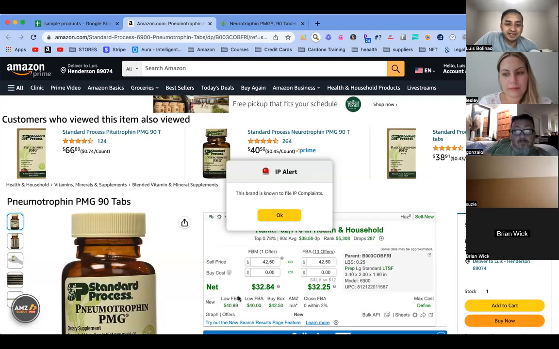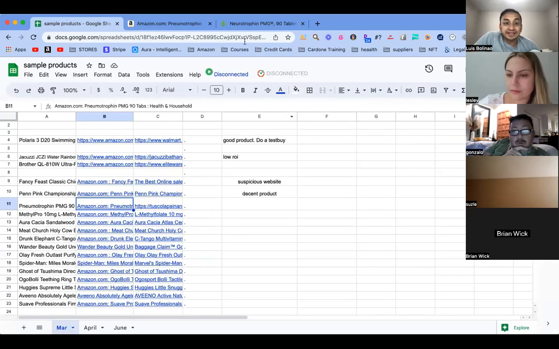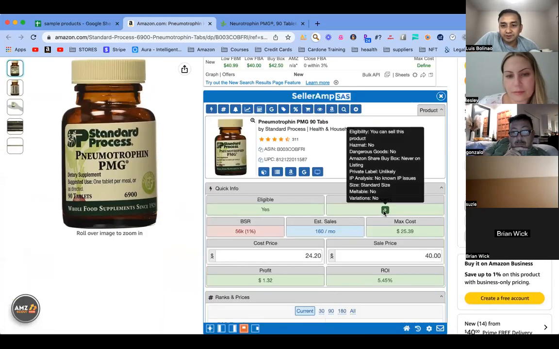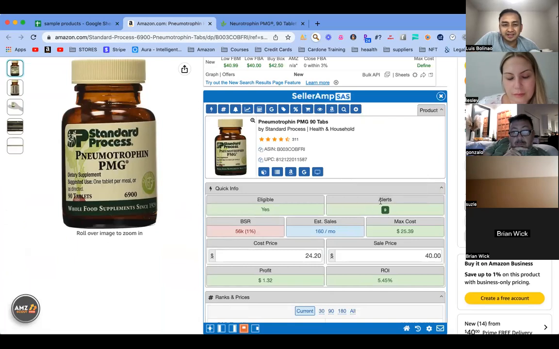So once you see this, I would just stay away from this brand because they might complain. Does it show that on the seller ramp also? Yeah, it does also. Well, not this one exactly, but it usually does, but this one didn't. And that's why it's just nice to have IP alert.